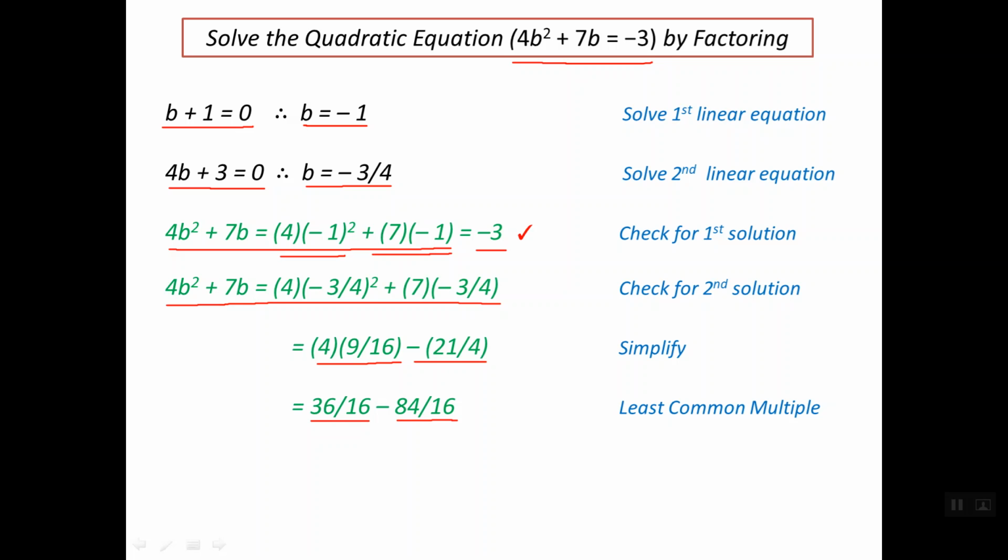Now both denominators are common, so we can solve this operation. 36 minus 84 is -48, divided by 16. So the solution is simply -3. So the second solution is completely correct and the equation is balanced after substitution of the solution.